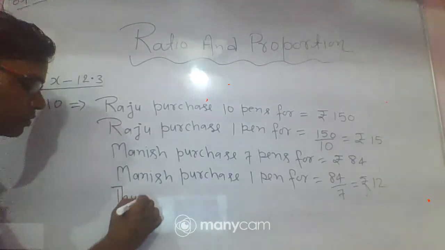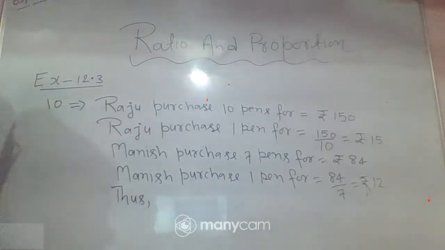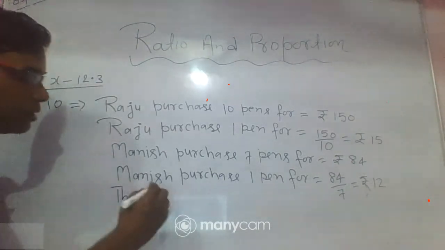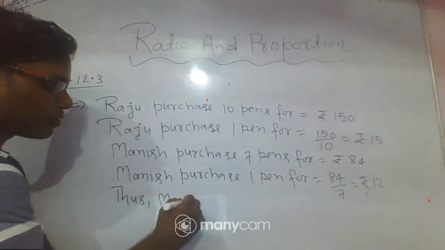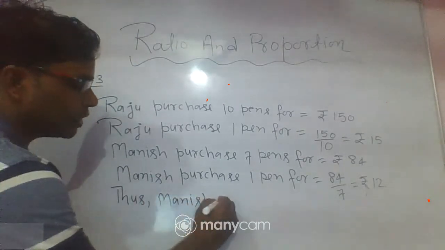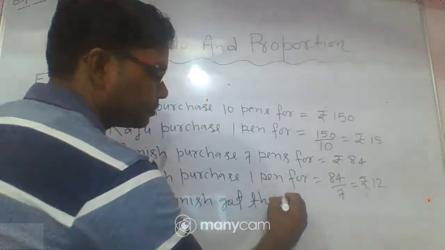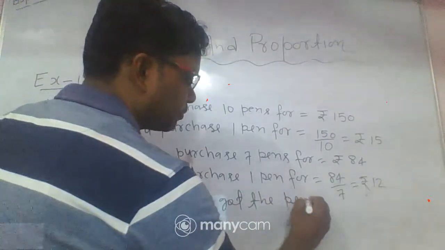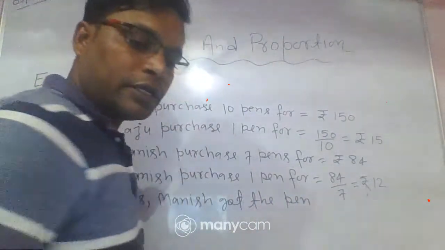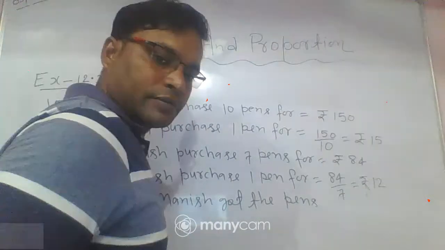So in this way we can say Manish got the pen cheaper. So you write here, thus we can say Manish got the pen cheaper.